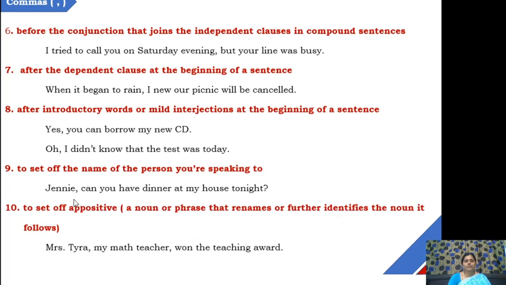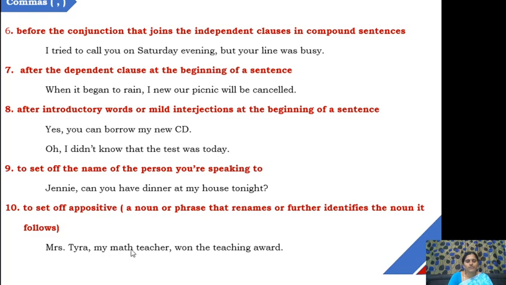To set off an appositive. An appositive is a noun or phrase that renames or further identifies the noun it follows. That means an appositive is the expression used to define whom you are referring to. Mrs. Tyra, my math teacher, won the teaching award.